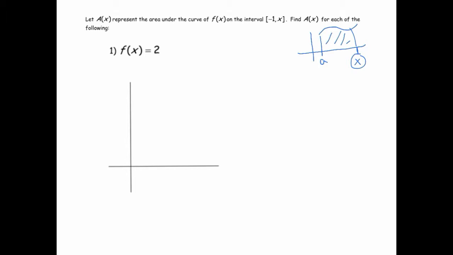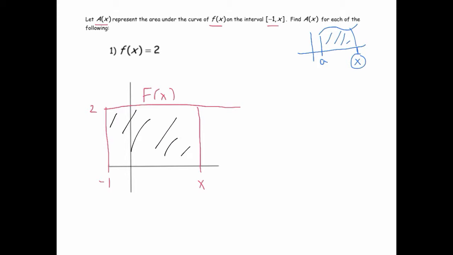We're going to create a function A of x, which is going to get the area under the curve f of x on the interval -1 to x. So we'll start with f of x equals 2. So there's 2. There's my function f of x. And we're getting the area underneath it on the interval -1 to x.